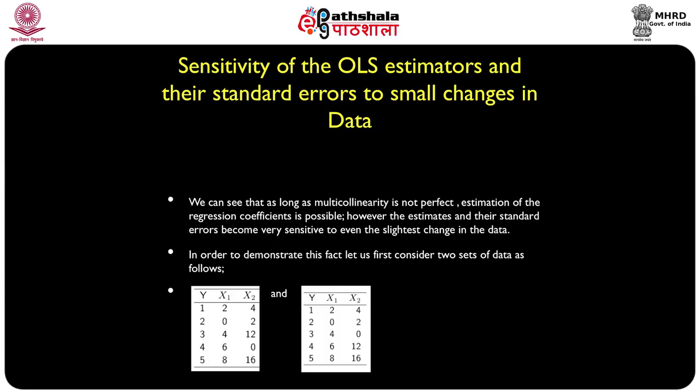Then we put them in a data frame, and using this dataset, we fit the regression model of y over x1 and x2 using the lm function in R. After fitting the model, we look at the summary of the linear model that we have just fitted, and R gives us the estimates of the intercept and the regression coefficients corresponding to the two explanatory variables x1 and x2, along with their standard errors and the corresponding p-values to test the significance of each regression coefficient.